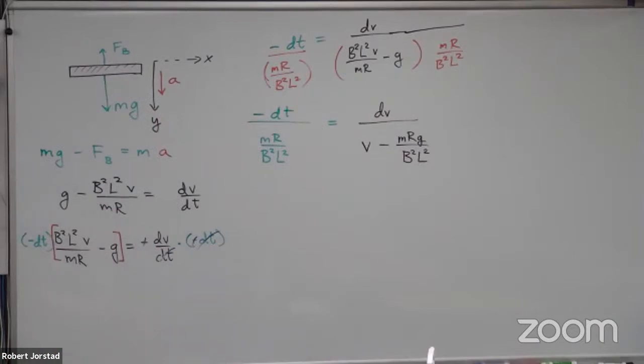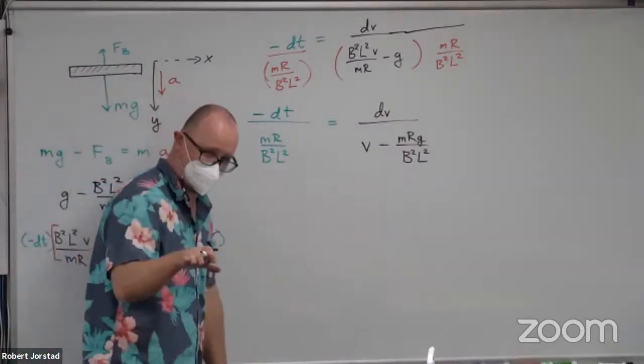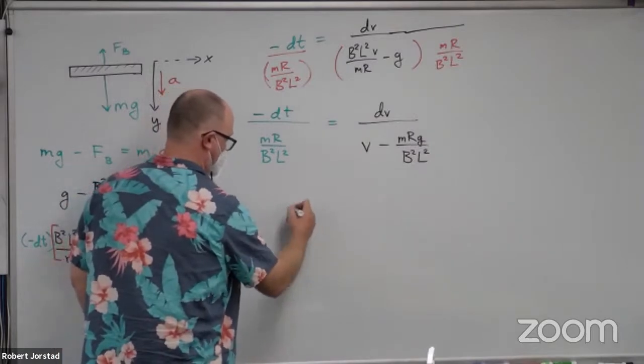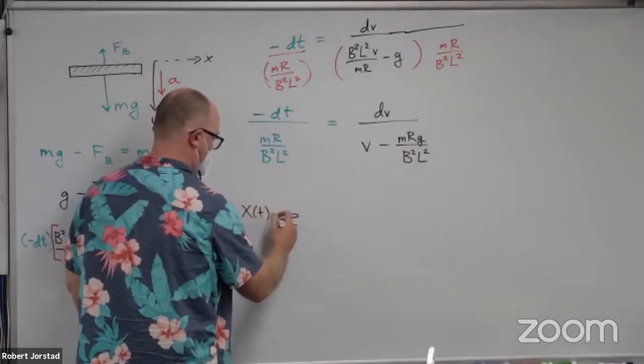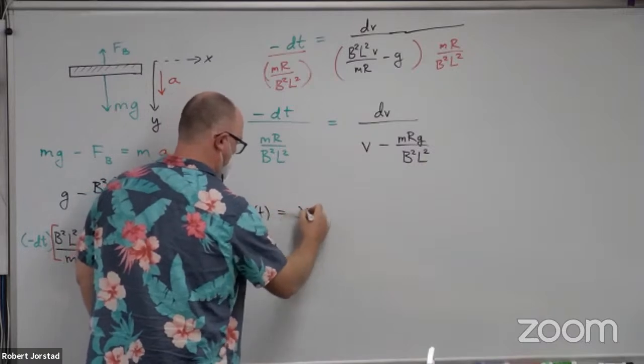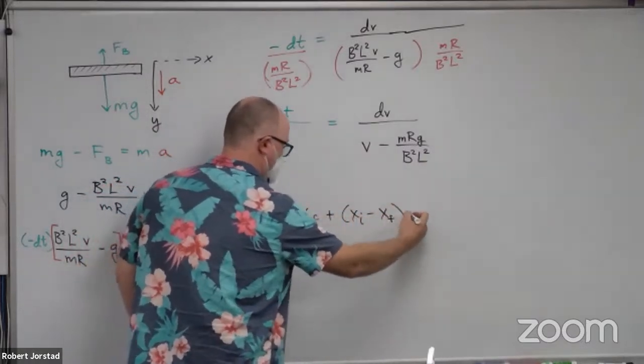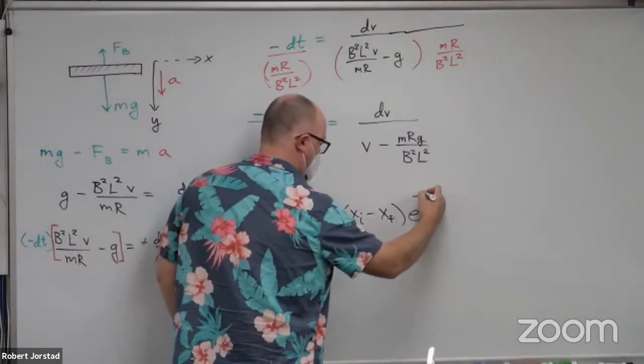Well, Nick, why is this exactly the same as an RC transient? Remind me, what was the equation you had for an RC transient, Nick? Isn't it x of t equals x final plus x initial minus x final, then e to the power of negative t over tau?